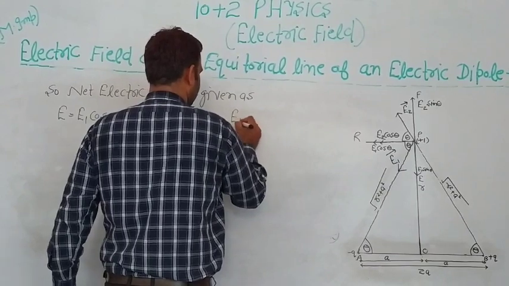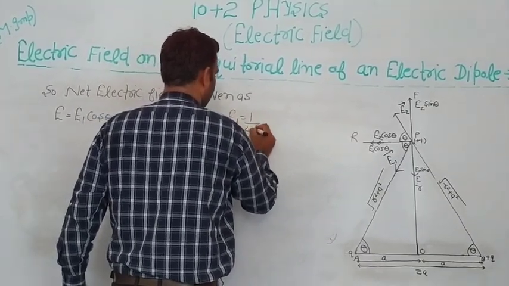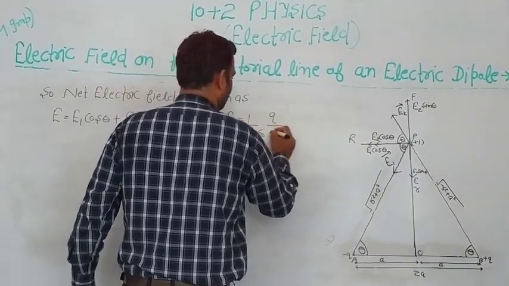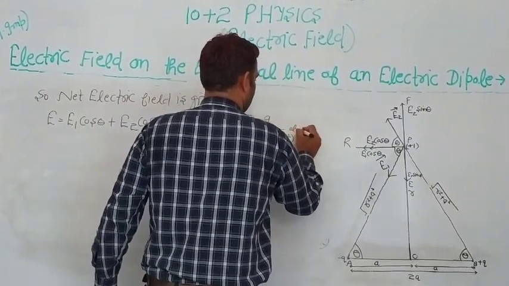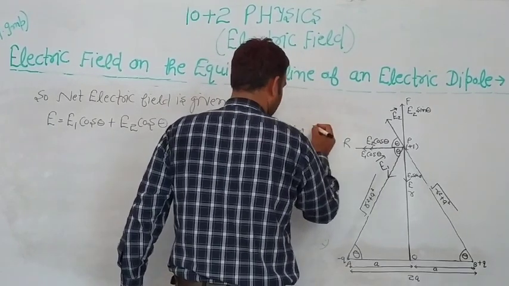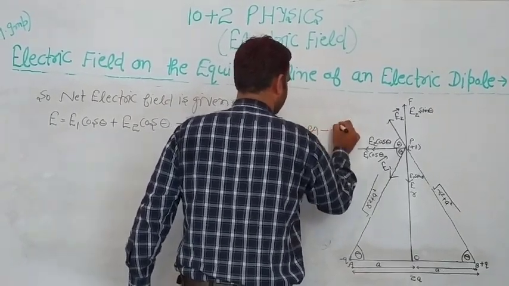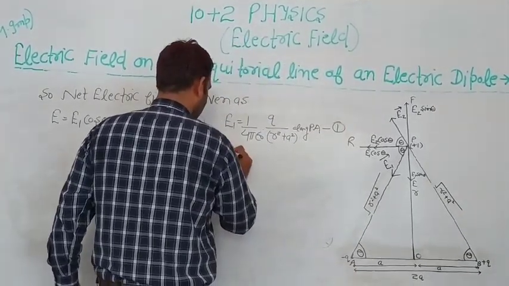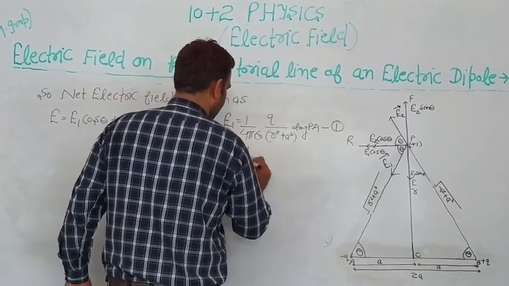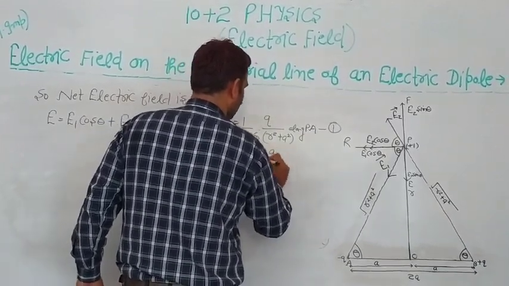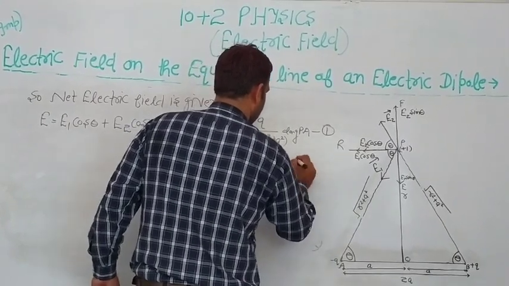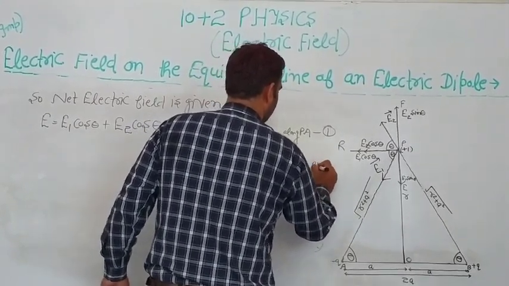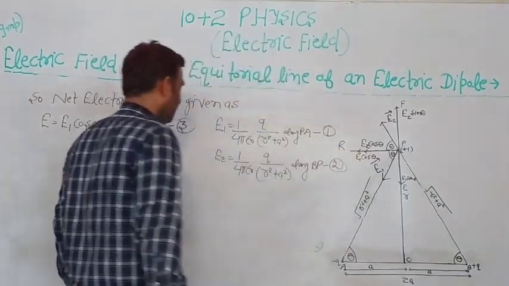E1 is equal to 1 upon 4 pi epsilon naught q upon r square plus a square along PA. This was equation number 1. E2 is equal to 1 upon 4 pi epsilon naught q upon r square plus a square along PB. This was equation number 2.